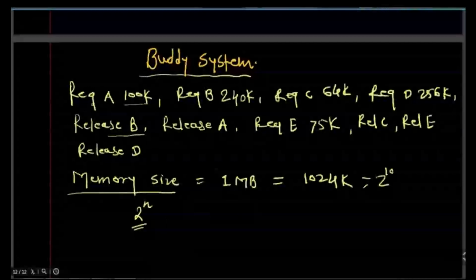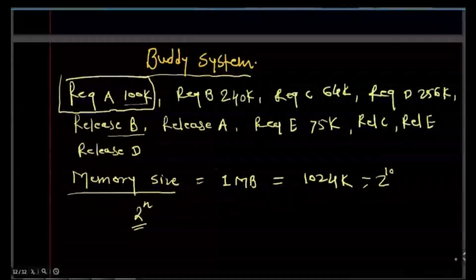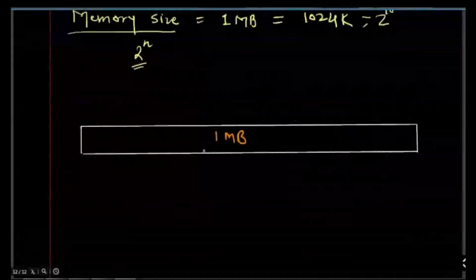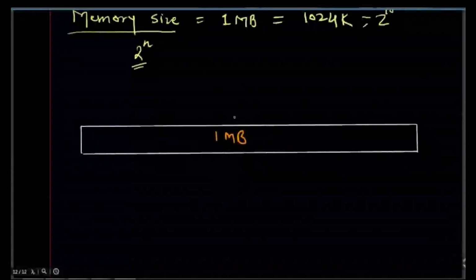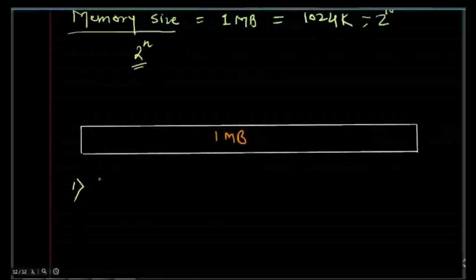And whenever you have a new request, for example the first request, request A of 100K, you have to partition this memory. Initially, the whole partition is of the total size, that is 1 MB.